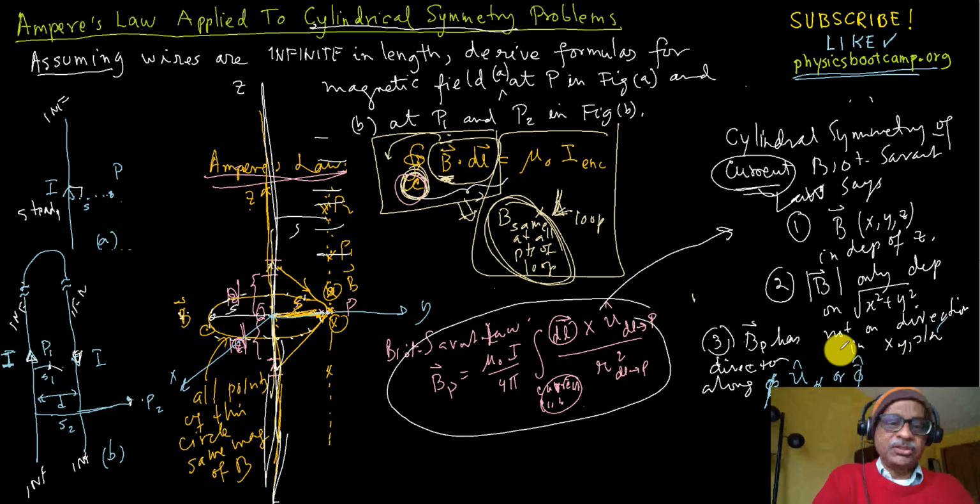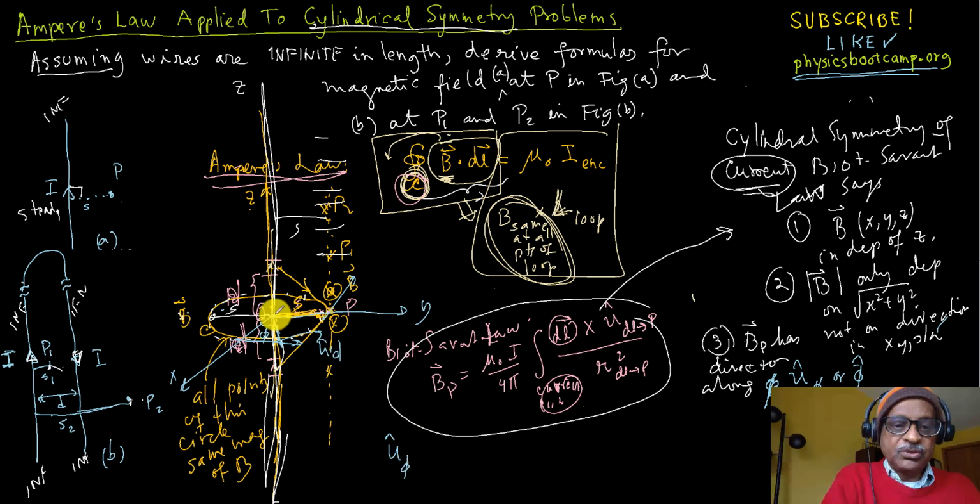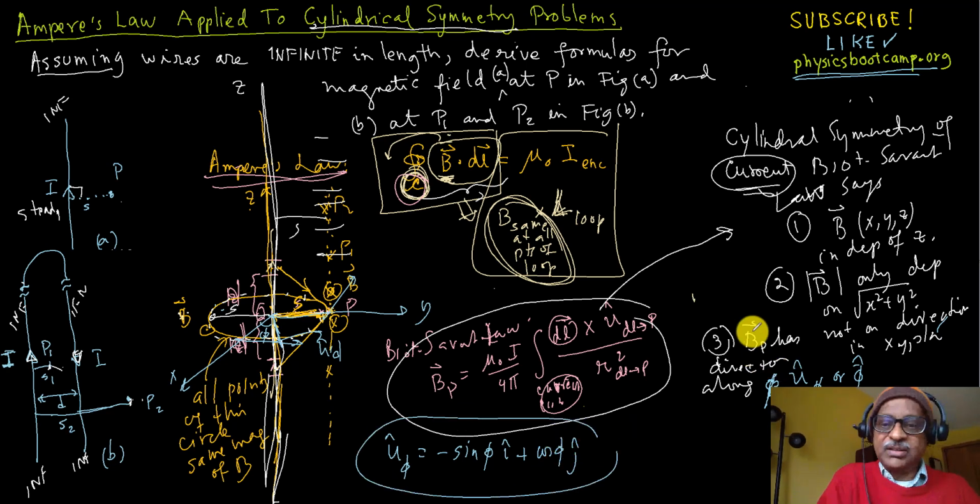So it has a direction which we say is x direction over here, y direction over here, and at any place here is the u hat phi direction. So this is the angle phi. So u hat phi depends on the polar angle phi: it is minus sine phi i hat plus cosine phi j hat. So this is the direction.